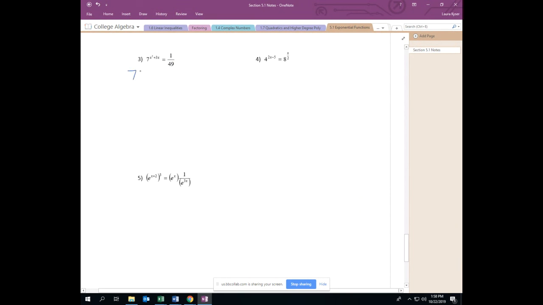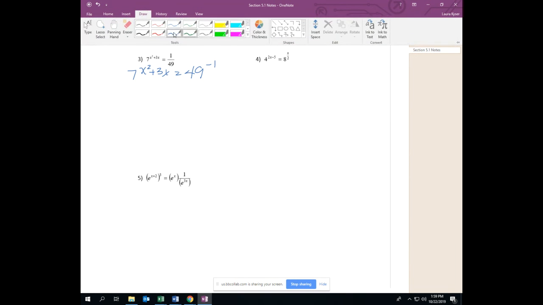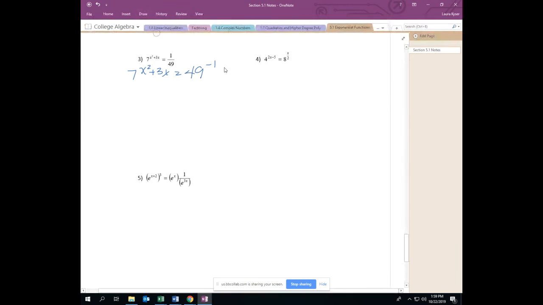So instead of 1 over 49, I'm going to rewrite this as 49 to the negative 1 power. Now, normally we don't like to do that, but in the case where we're trying to eliminate these bases altogether, I'd rather have this thing as an integer to a negative power than as a fraction. And I'm allowed to do that if I want, and it's helpful in this case, so I'm going to do it. So I'm going to start there.